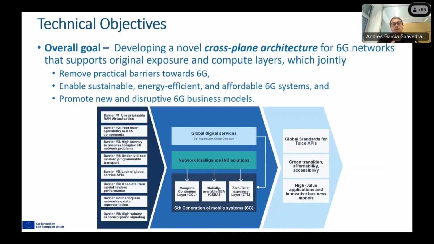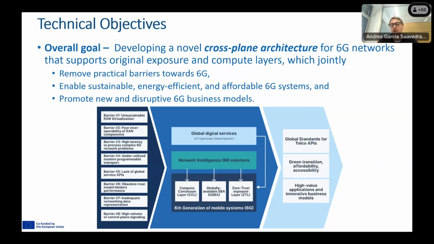And the study of these barriers has motivated us to propose architectural innovations on top of today's 5G to achieve a concrete set of goals, as you can see on the right-hand side, like achieving global standards for telco APIs, achieving green transition, affordability and accessibility, and fostering innovative business models.